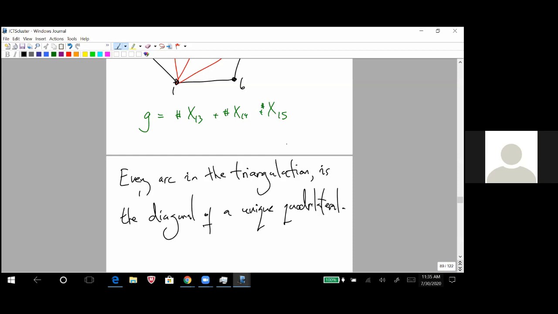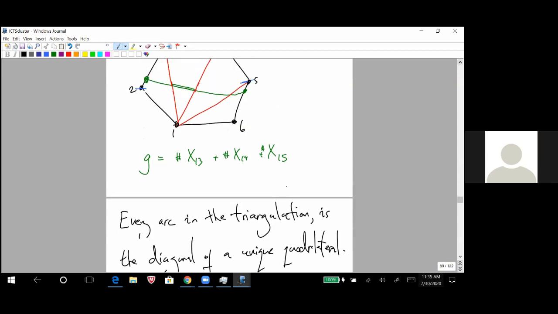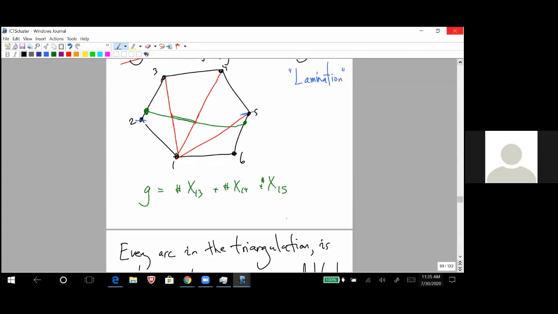After all, a mutation is just taking that unique quadrilateral and taking our arc, which is a diagonal, and replacing it with the other diagonal.